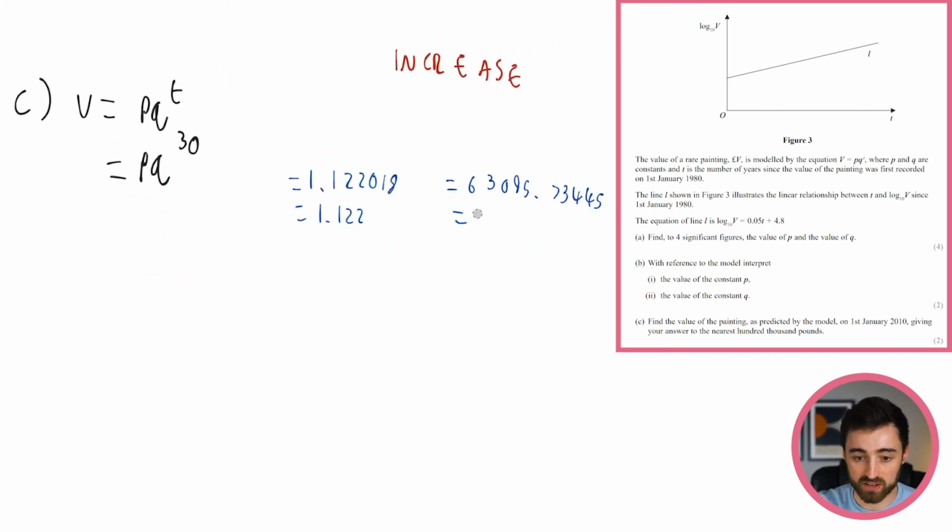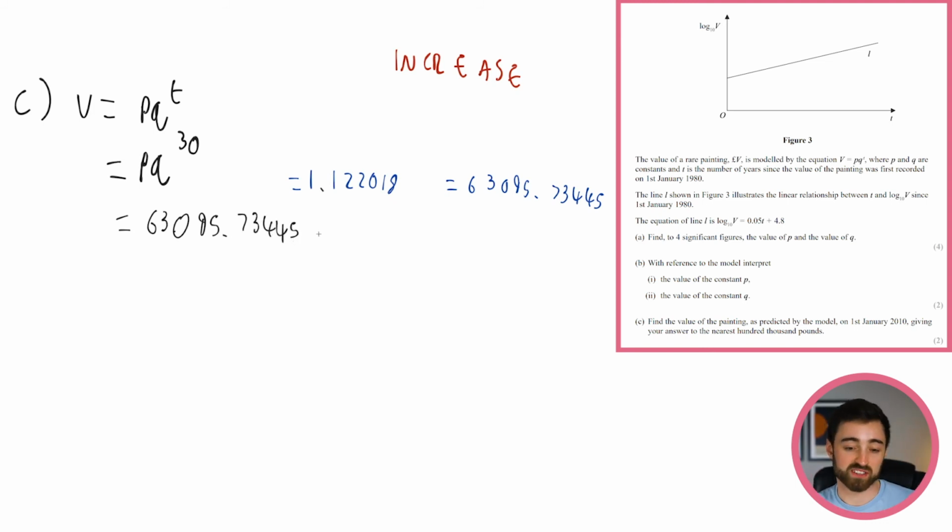So I'm going to write 63095.73445, just so I get as much accuracy as possible. It's rare that it's really going to make much of a difference, but it's better to be safe than sorry. So times 1.122018 to the power of 30. Just stick that in your calculator.